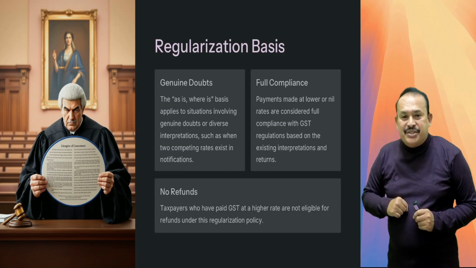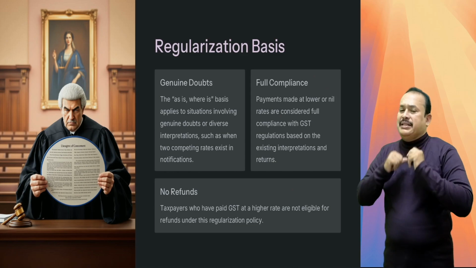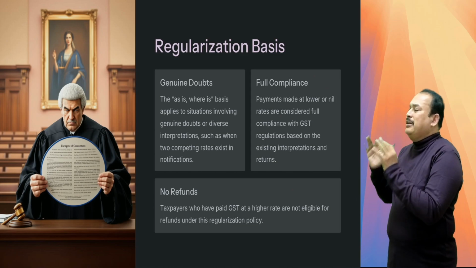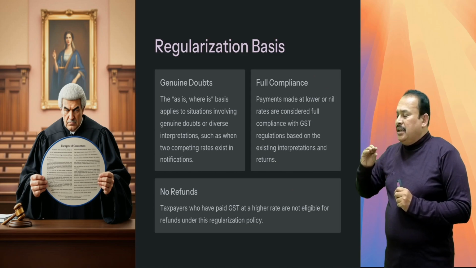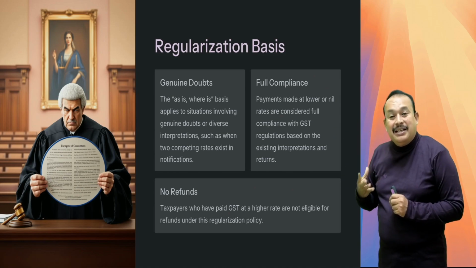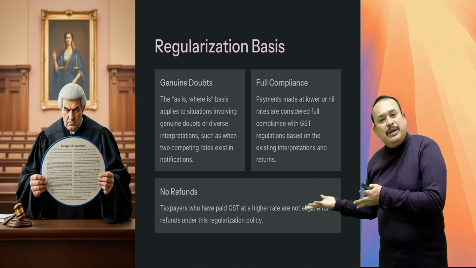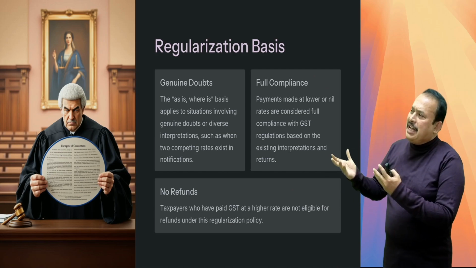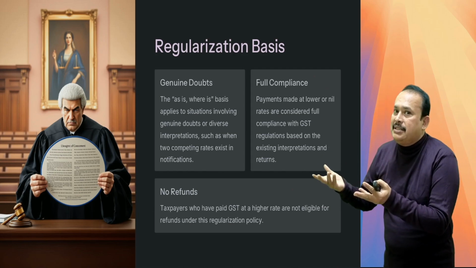What do you mean by this? In case of a genuine transaction, for a given product, 5% rate applies, 12% rate applies. Some taxpayers are paying 5% tax rate, some taxpayers are paying the 12% tax rate for the same product.